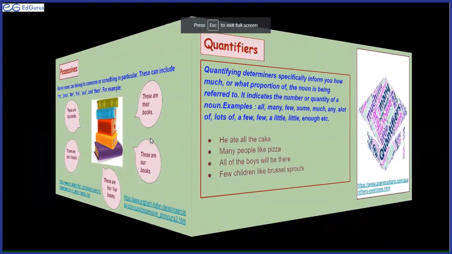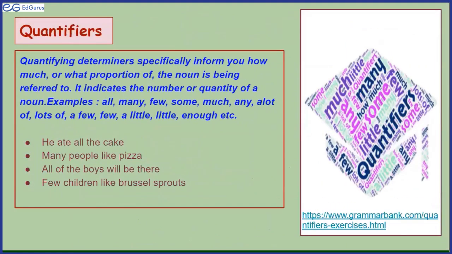Now the next are quantifiers. As the name quantifier clearly suggests, it indicates the quantity or number of a noun. Quantifying determiners are determiners that inform you about the quantity, how much or what part of the noun, what proportion of the noun is being referred to.